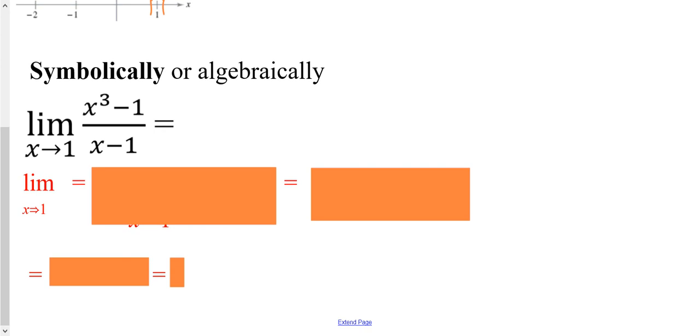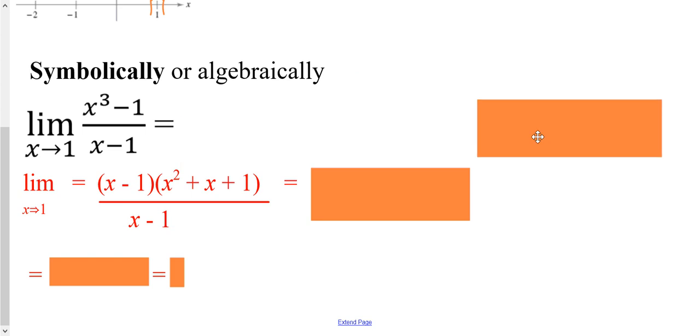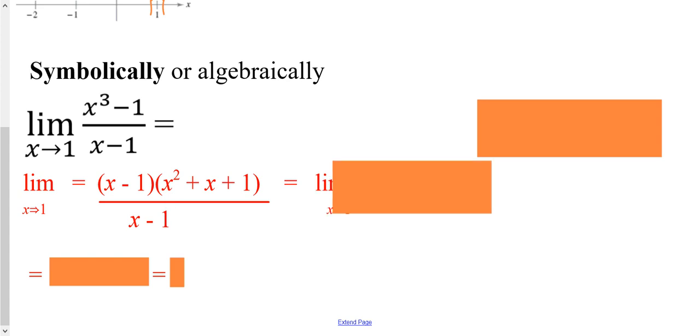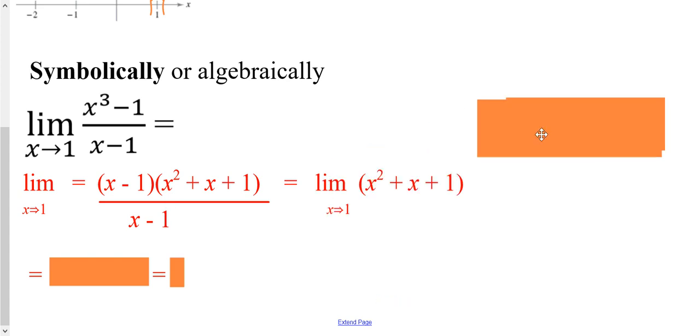So how does this actually work out symbolically? You should realize that the top is a difference of cubes, so you could factor that as a difference of cubes. And then you realize you have an x minus 1 over an x minus 1, so they drop out. And then we have this. Now we can actually plug in 1 for our x and our other x, and we get 1 plus 1 plus 1 is equal to 3.